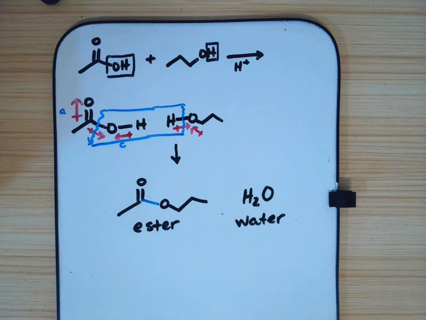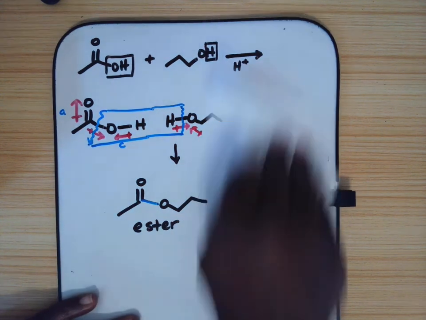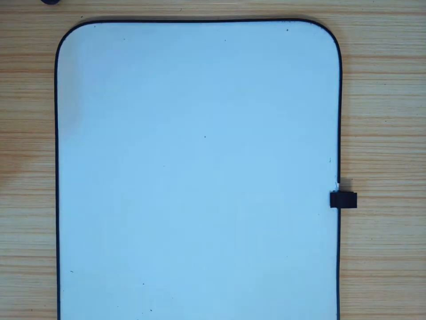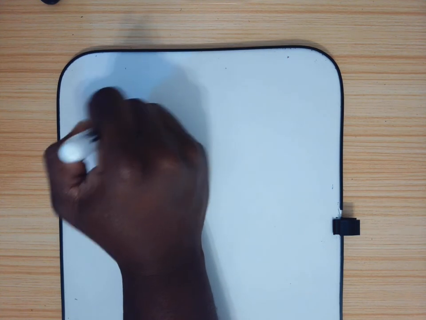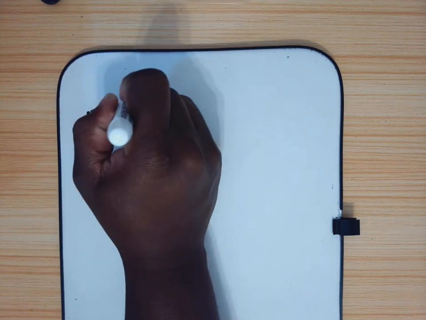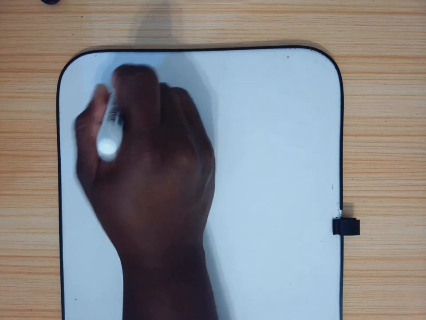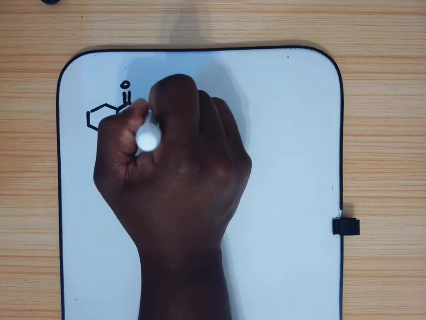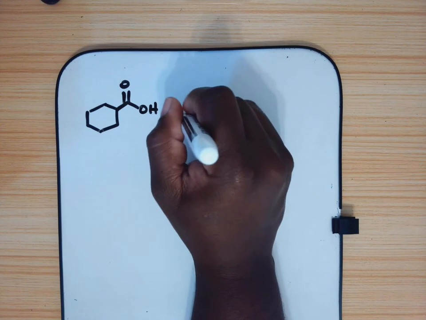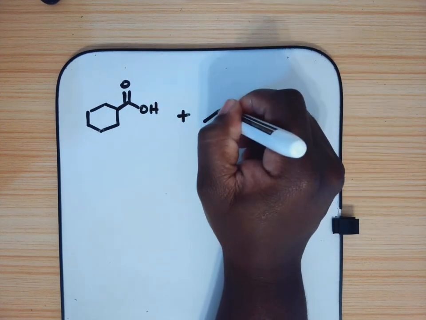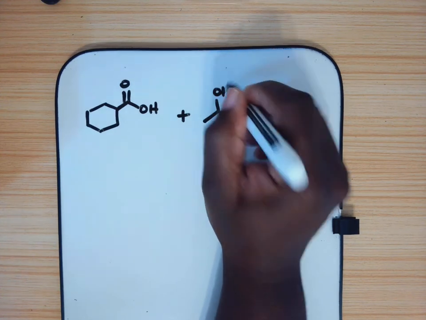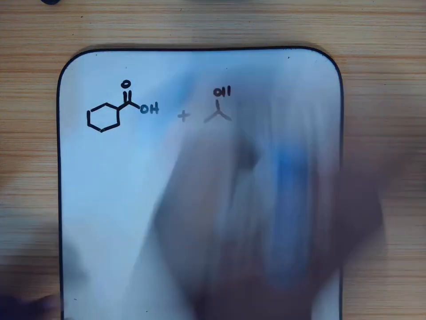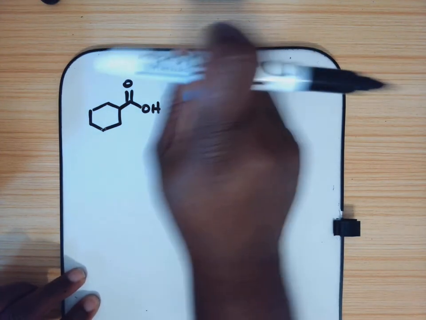So we can look at another example. So let's say we have this compound. Tell you what, instead of the OH, let's do a different one.